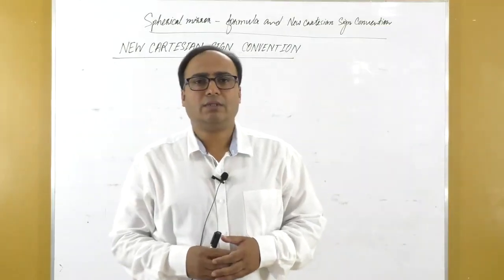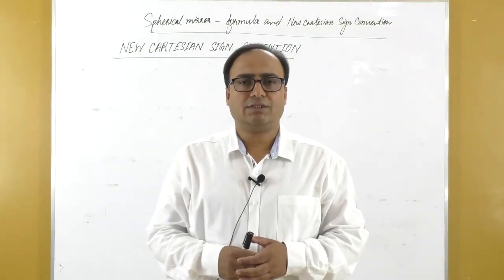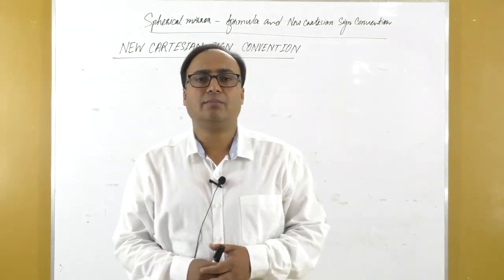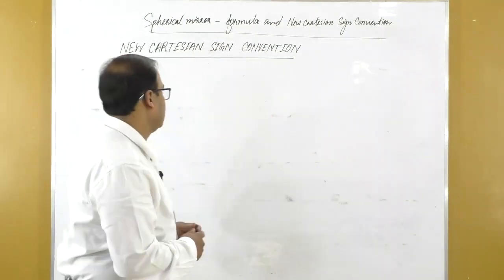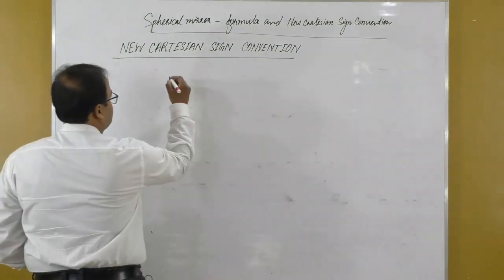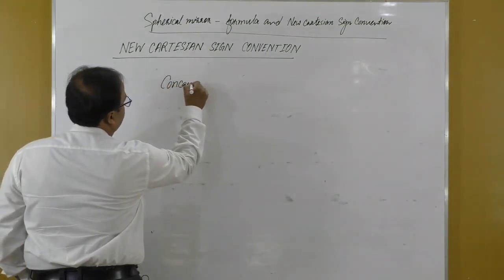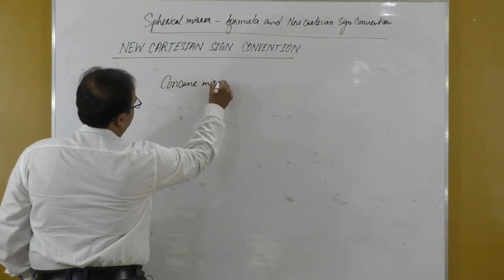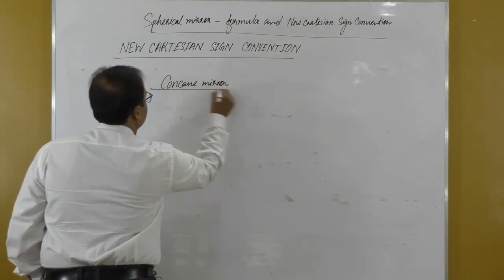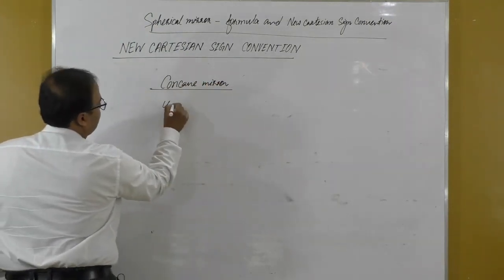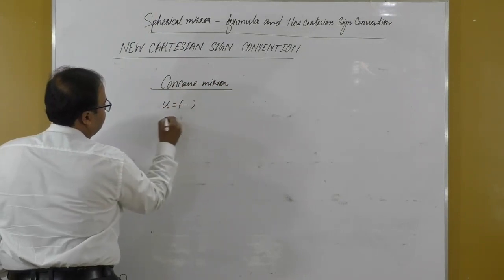Now we can note down the new Cartesian sign convention, how it is directly applied to the magnitudes, especially for concave and convex mirror. First for concave mirror, U is always negative.